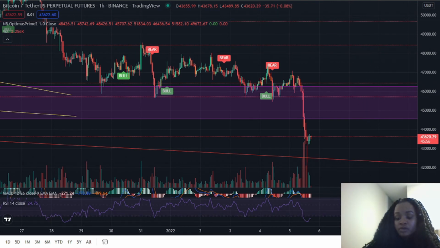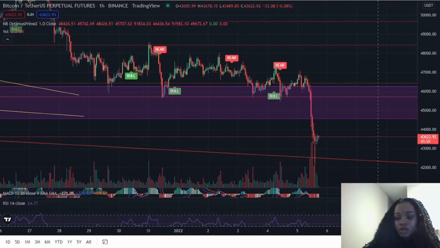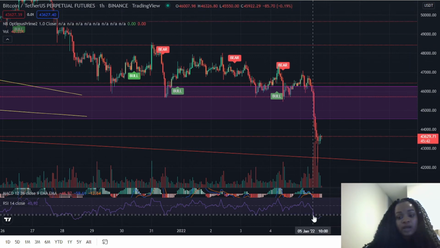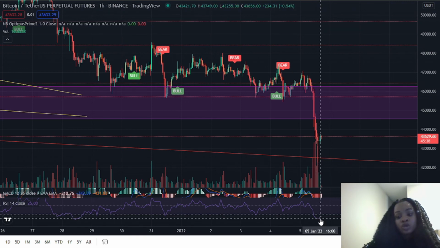The numbers are here on the right, and it goes from 0 to 100. Now whenever the RSI is at 30 or below, it signifies that the market is oversold, and it's a good longing opportunity where you need to buy.